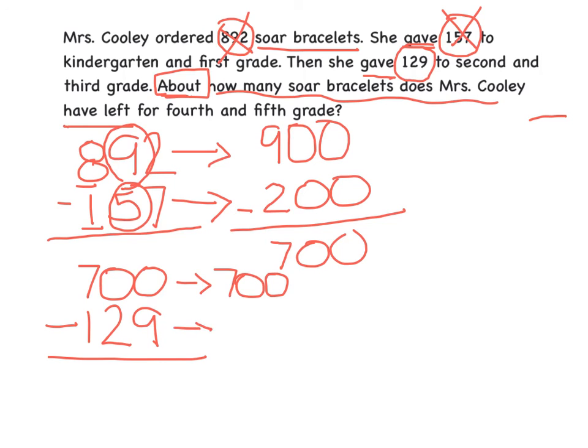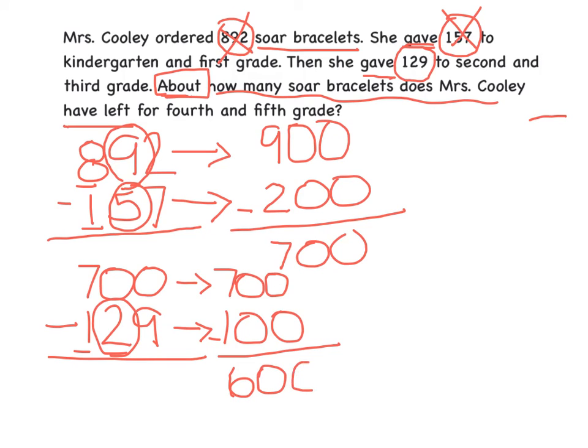I'm going to round 129 though, and 129 rounds to 100. I'm going to bring my subtraction symbol over. 700 minus 100 equals 600. And when I go back and reread, I see that we were talking about bracelets.